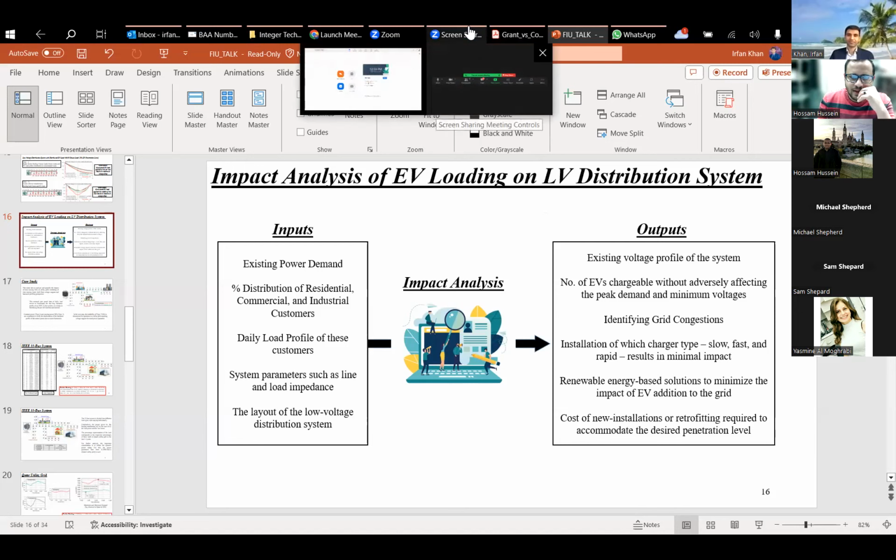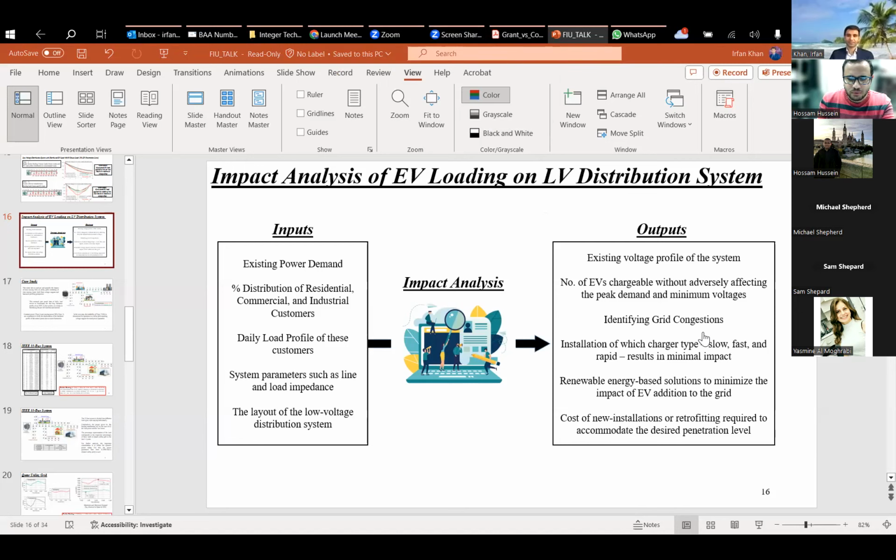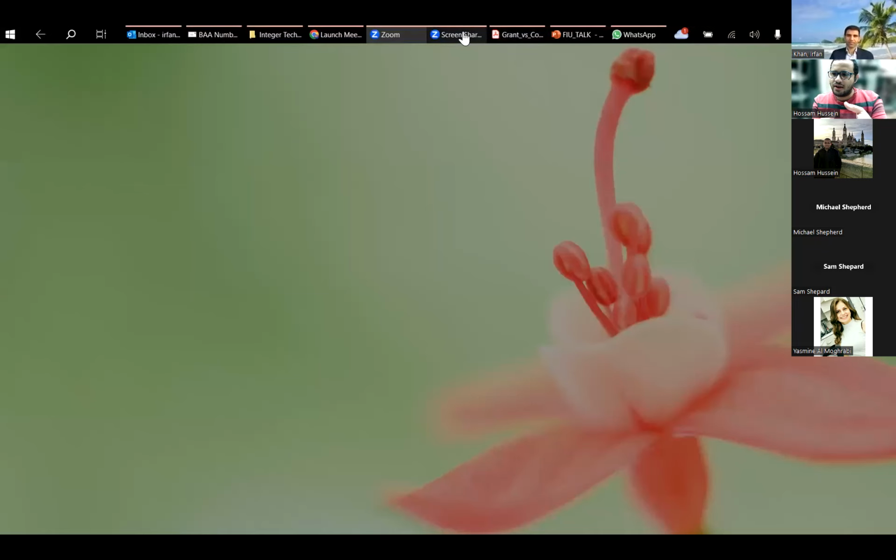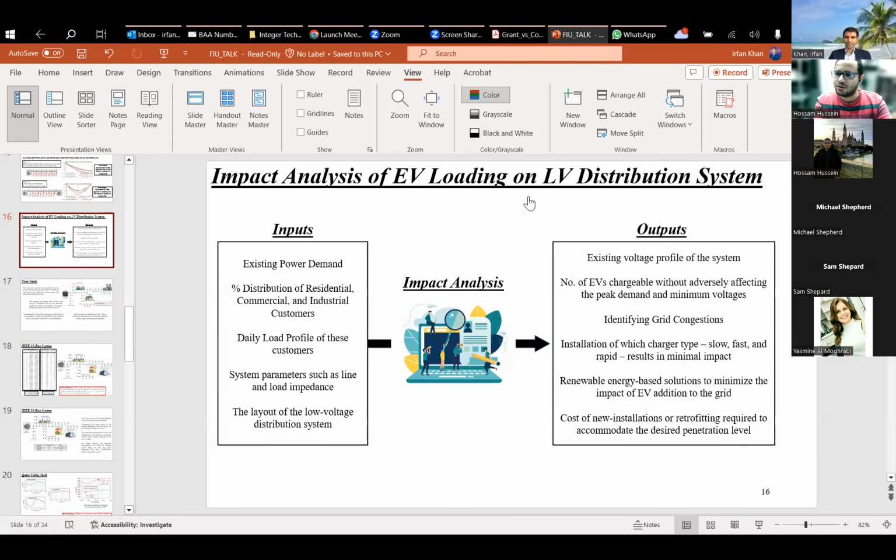My question is regarding the percentage of the distribution customers, whether they are residential, commercial, or industrial, because part of that work was about the marine network or marine force system, which is somehow different in the type of loads itself, because there are propulsion loads or something like that, which have a completely different behavior than the residential or the commercial load.